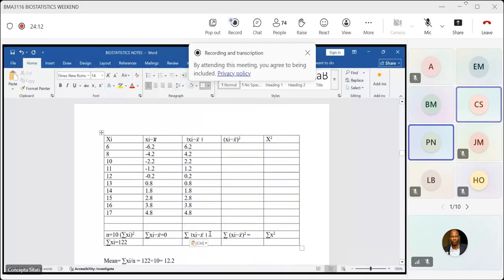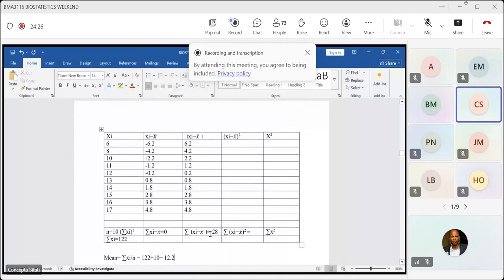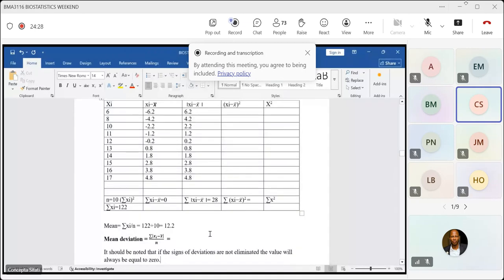What is our total there when we remove the signs? 28. Right, now we can find our mean deviation.